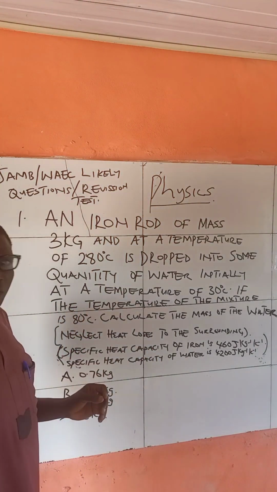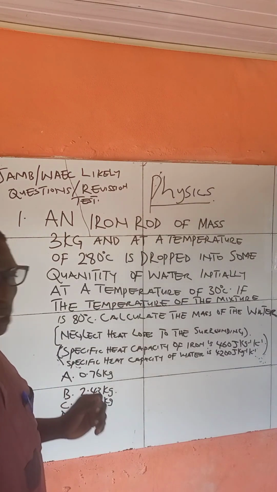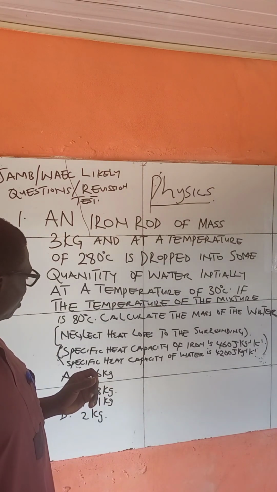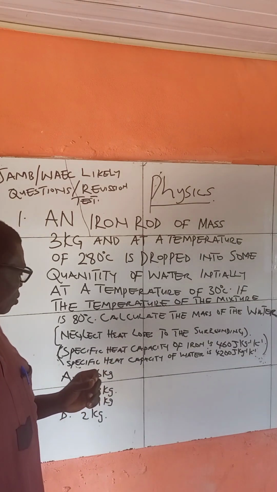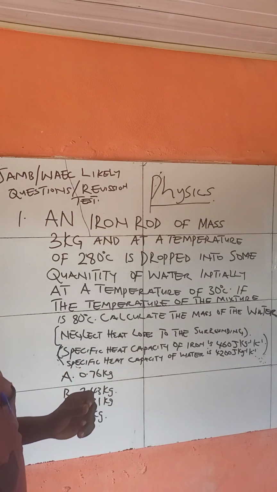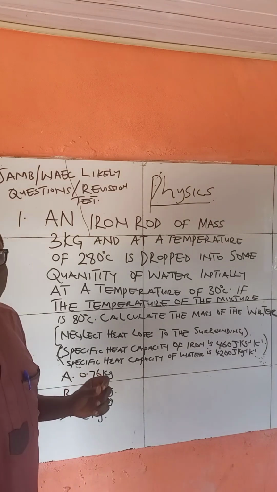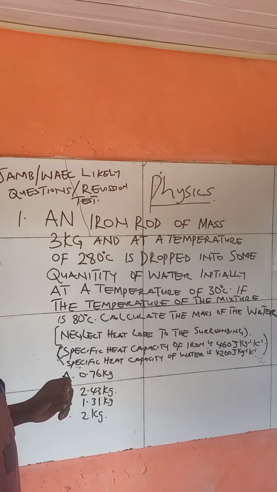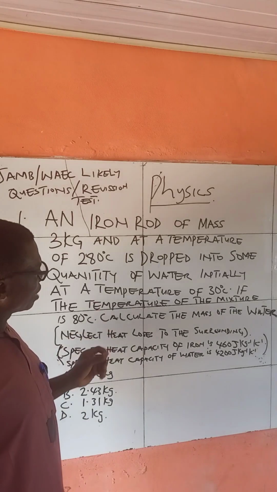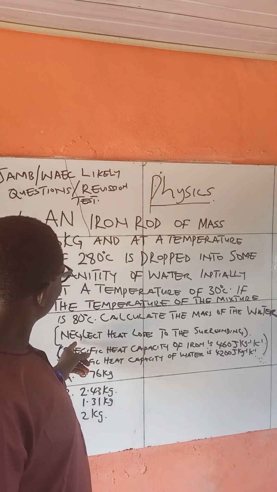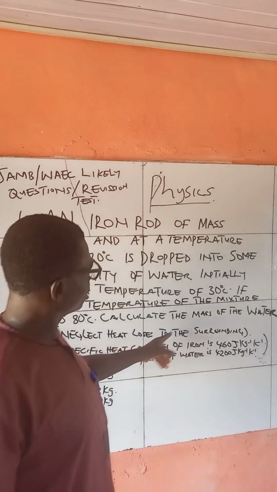Now we have some options here. Option A, 0.76 kilogram. Option B, 2.43 kilogram. Option C, 1.31 kilogram, and option D, 2 kilograms. Before we solve this problem, let's look at some things. The question says neglecting heat losses to the surroundings.